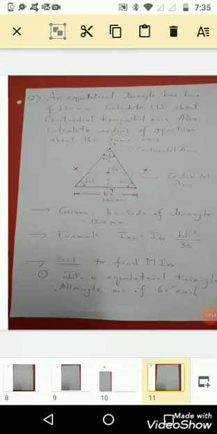B is given, 120, we should know h. How should we find h? It's an equilateral triangle, all sides are equal, all internal angles should be 60 degrees.